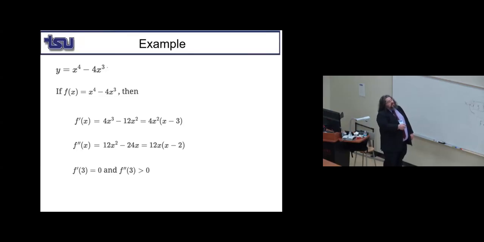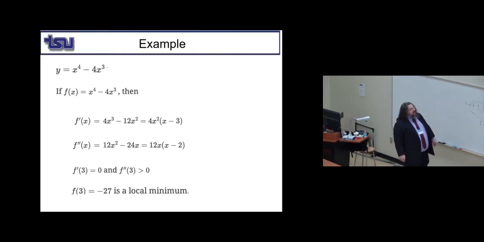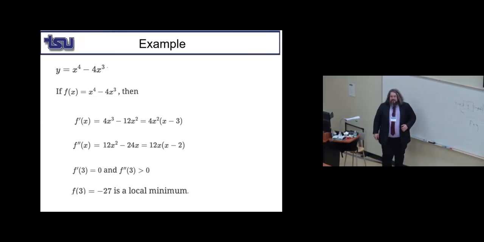In this case, we have that the second derivative of 3 is positive. So that means that right at 3, the function has a horizontal tangent line and is concave up, with our conclusion being that the function has a local minimum at 3. The value of it we find just by plugging it into the original function, and so we can say that f of 3 equals negative 27 is a local minimum of this function.